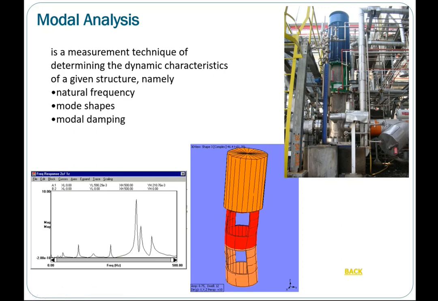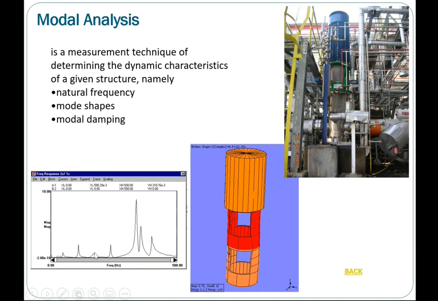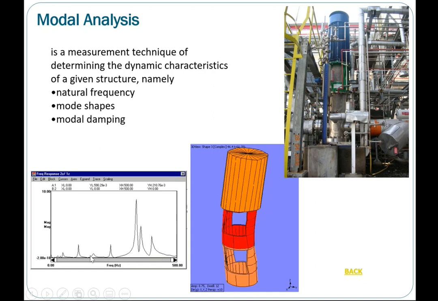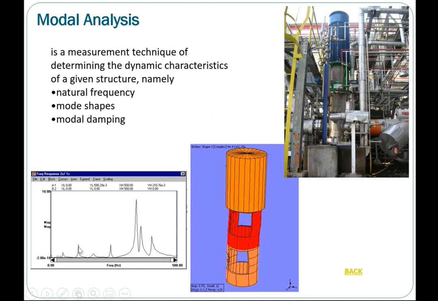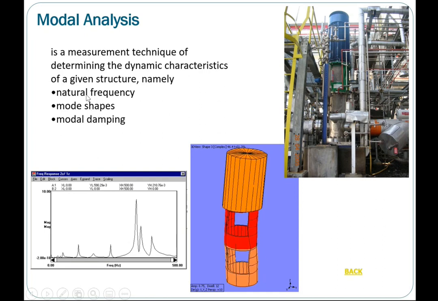Here we are saying it's a frequency response function. That frequency response function tells us where the natural frequency is and what the damping is. If this particular peak is sharper, okay, lower damping. This particular peak is wider, higher damping. So that gives us all this information, right?